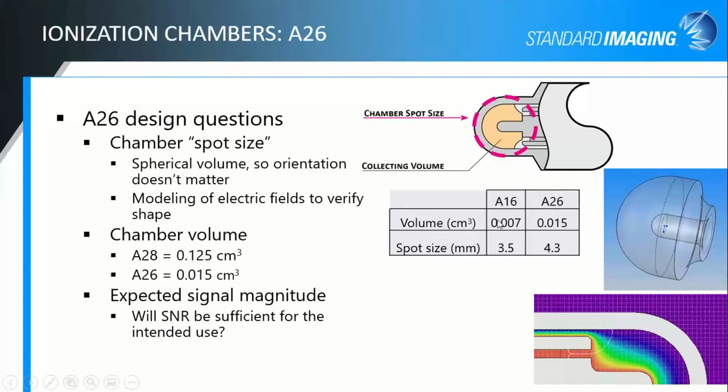This is smaller because of that wire in the middle. The A26 is just over double the volume, for less than a millimeter larger spot size, and that's the diameter across here, what we're calling spot size. So you're not losing much in your resolution, but you're doubling your signal from your chamber. So that helps with signal to noise as well. And we were definitely considering signal magnitude and SNR in the development of this chamber as well.